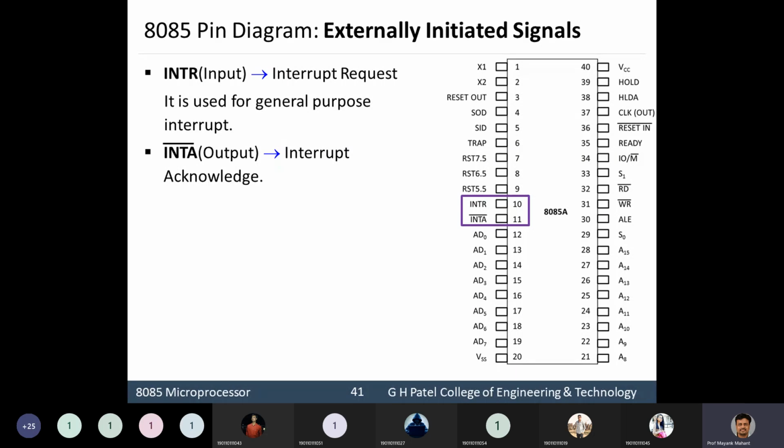Whenever the INTR signal becomes 1, the microprocessor comes to know that an interrupt is being generated at this pin, so it acknowledges by pulling the INTA signal low. So the peripheral which has generated the interrupt will come to know that the 8085 has recognized there is an interrupt.